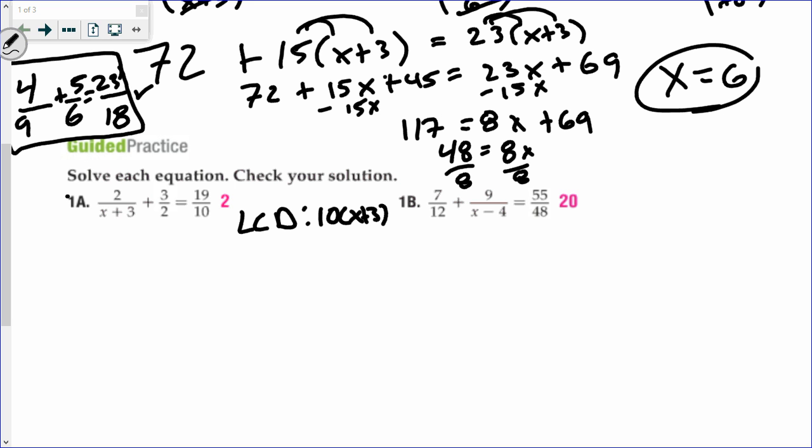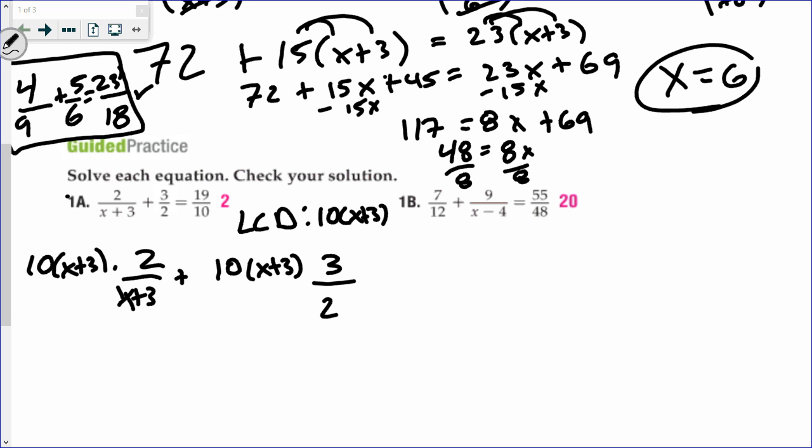So 2 over x plus 3 should be multiplied by 10 times x plus 3, plus 3 over 2, we multiply by it. And 10 times x plus 3 is also going to multiply 19 over 10.